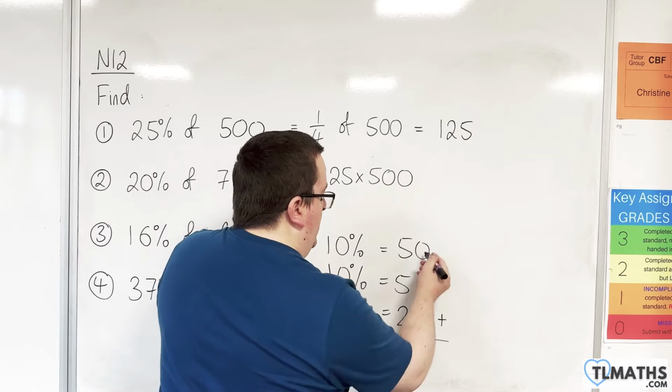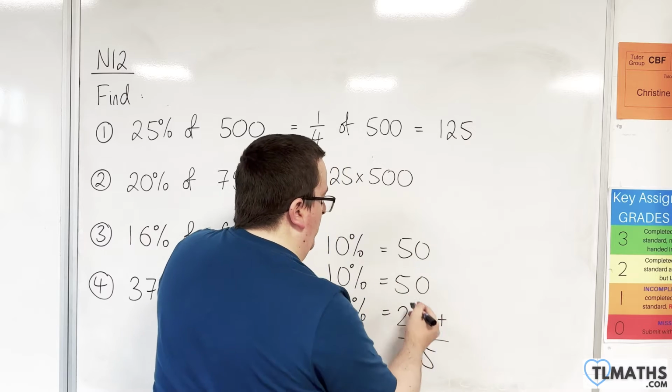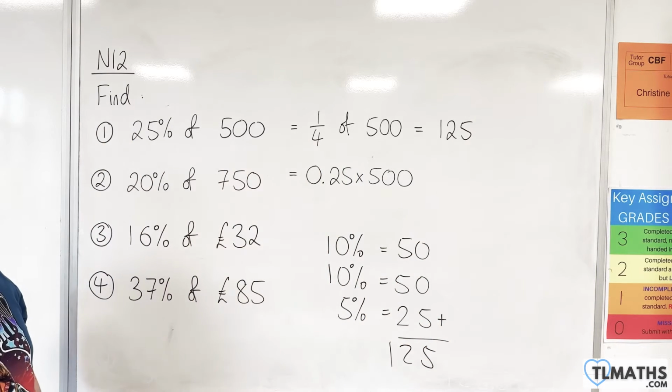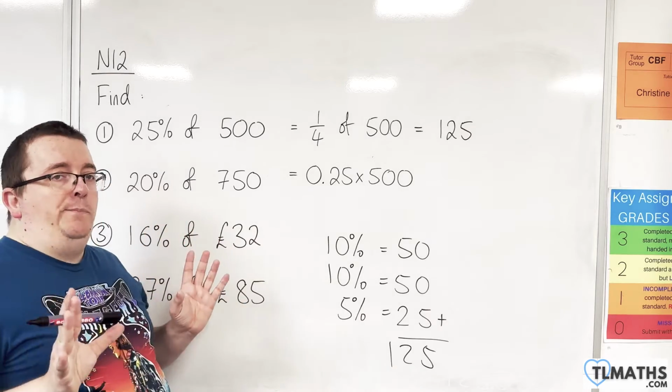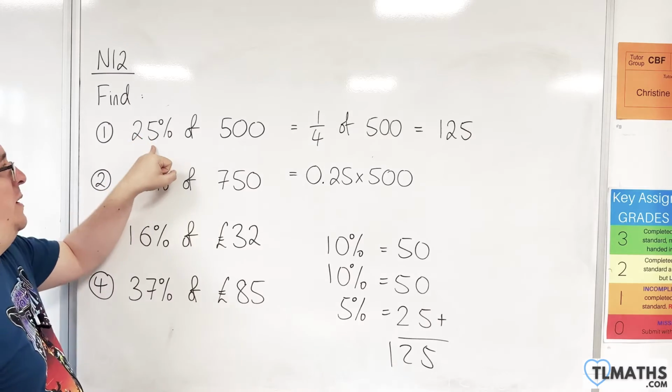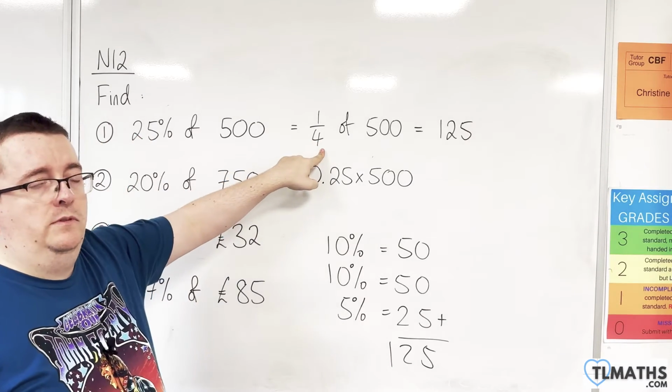Add those three results together, we get 5. 5 plus 5 plus 2 is 12. And so that's 125. So any of those methods would be perfectly fine, but probably the easiest was spotting 25% was 1/4 and doing it that way.